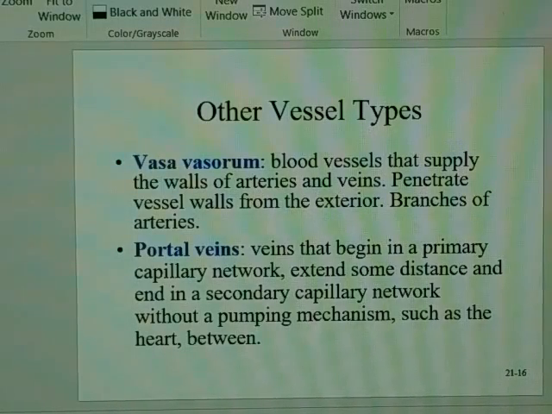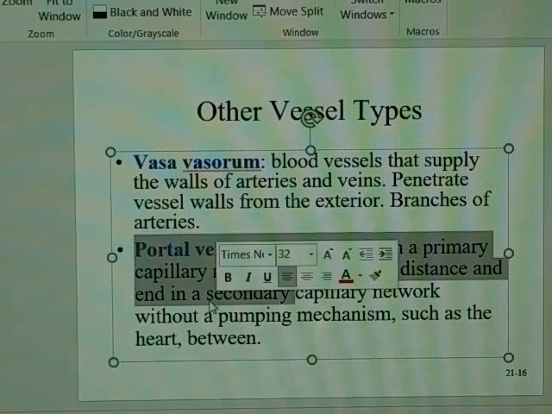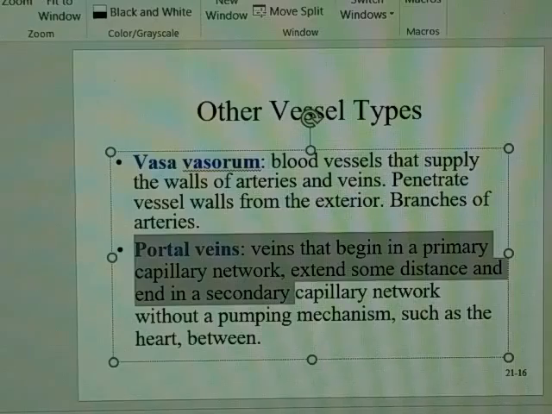Now, other vessels that we have in the body, well, I already mentioned the vasa vasorum, those small vessels that are supplying the walls, the makeup, the tissues of our arteries and veins. If you remember, when we covered our chapter on the endocrine system, we were introduced to something called a portal vein, because we had the hypothalamo-hypophyseal portal system.